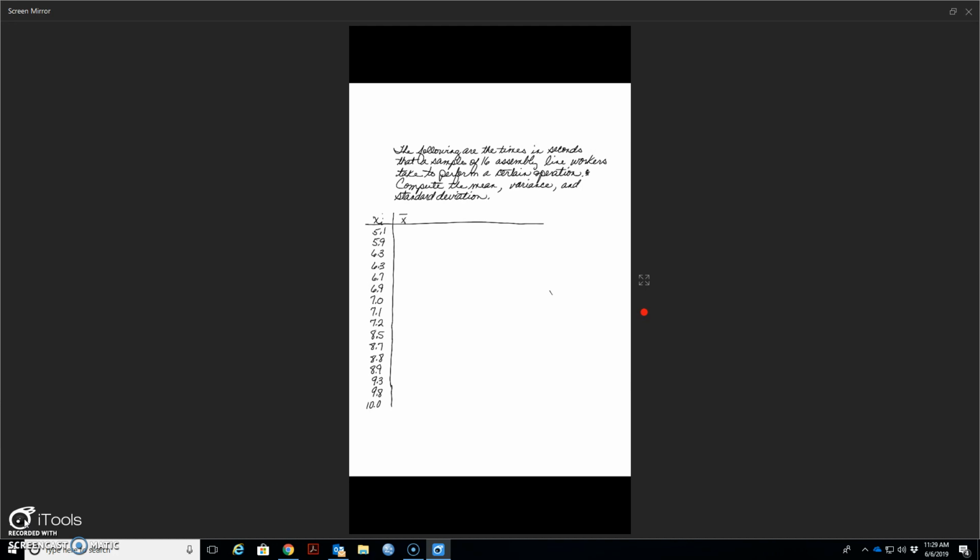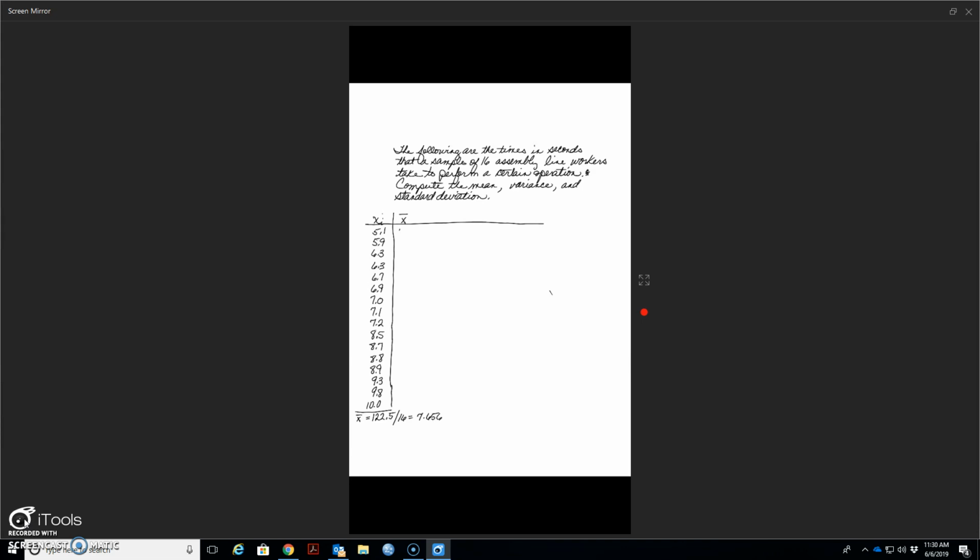But I'm going to calculate the mean. So we add up these xi values, and the total is 122.5, and I'll divide that by 16 to get 7.656.